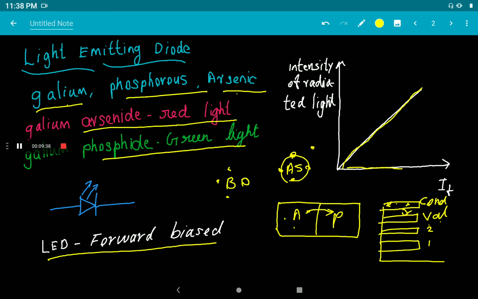Main applications of LED: it can be used as a power indicator, red or green indicators are mainly used, yellow, something like that. And also the 7-segment display. So light emitting diodes are used as power indicators and also in 7-segment displays.